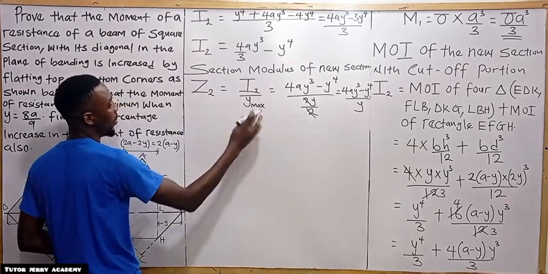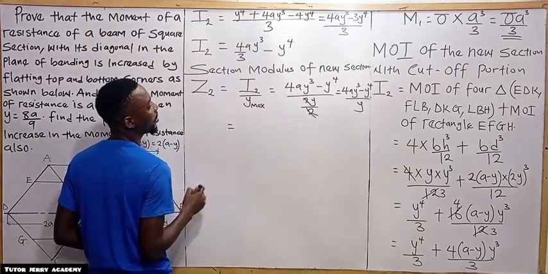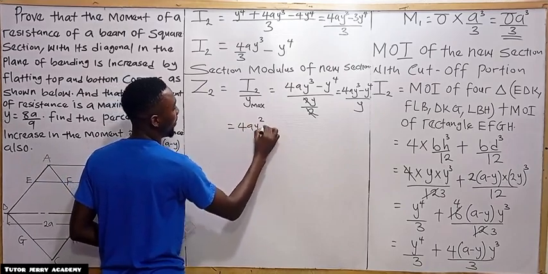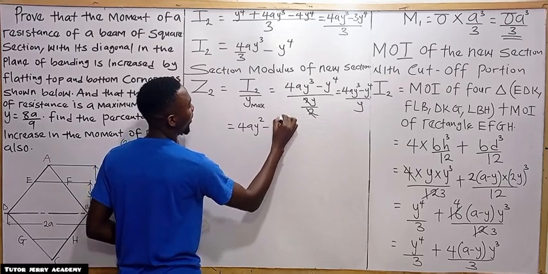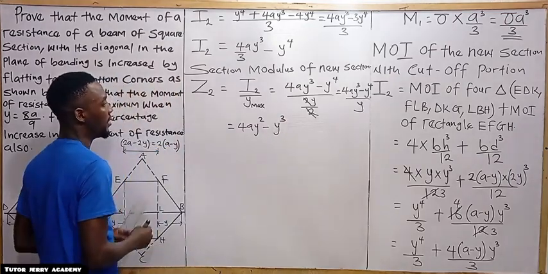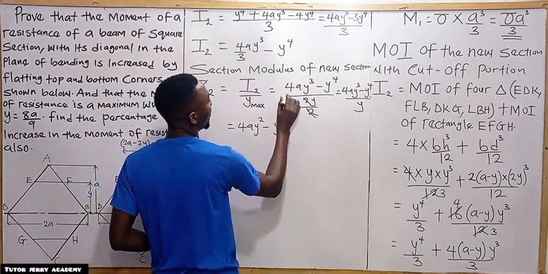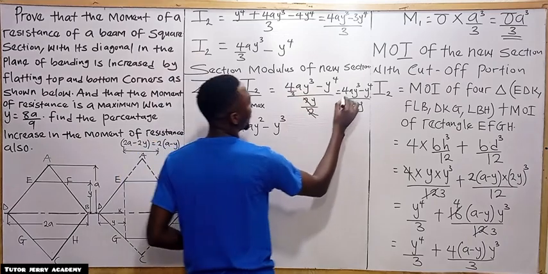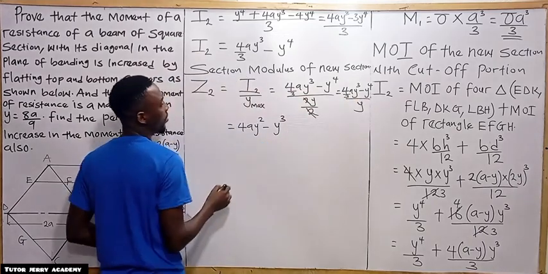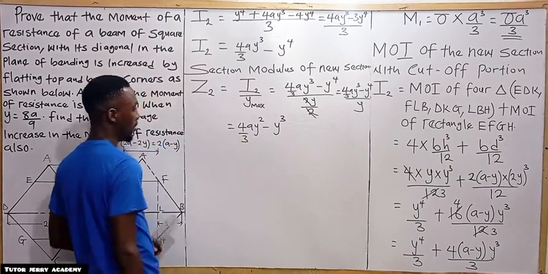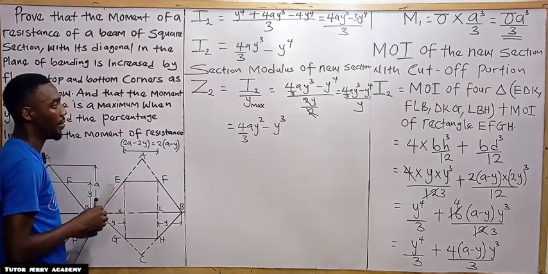So if you split y there, we are going to have the section modulus to be 4a y to the power 2 minus y to the power 3. Sorry, this is supposed to be over 3. So that is what we are going to have.